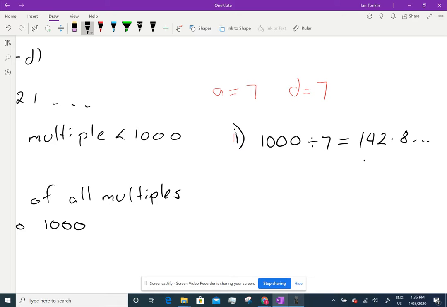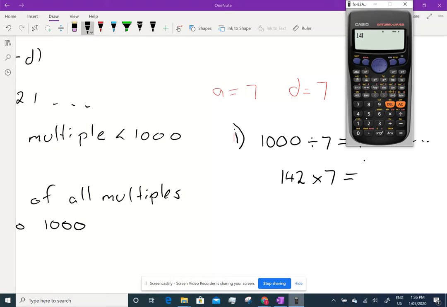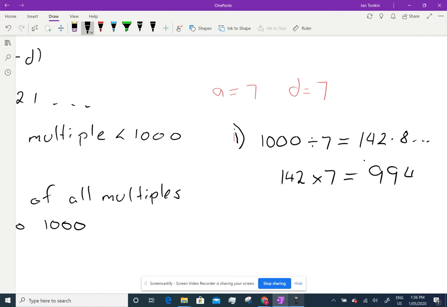So I'll just say, well, I want it less than 1,000, so I'm just going to take 142, times it by 7, see what I get. So 142 times by 7, 994. And look at that.